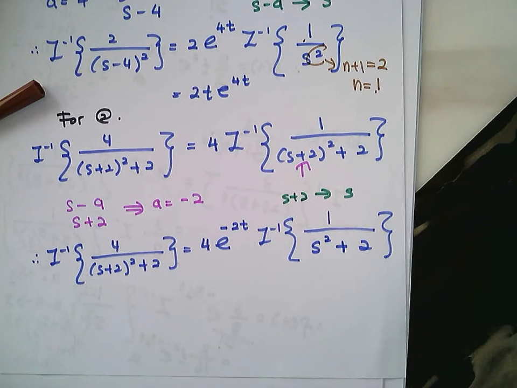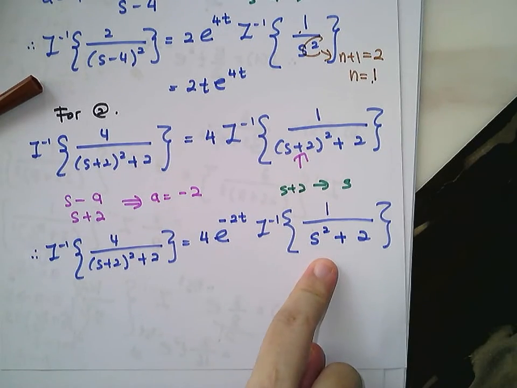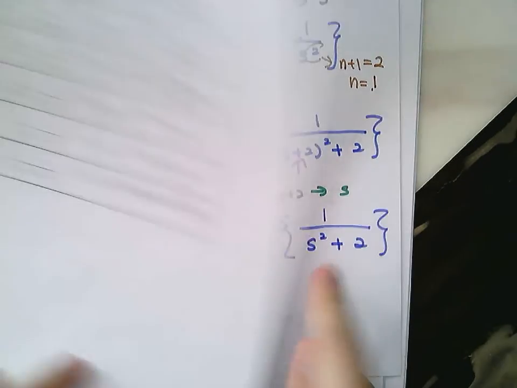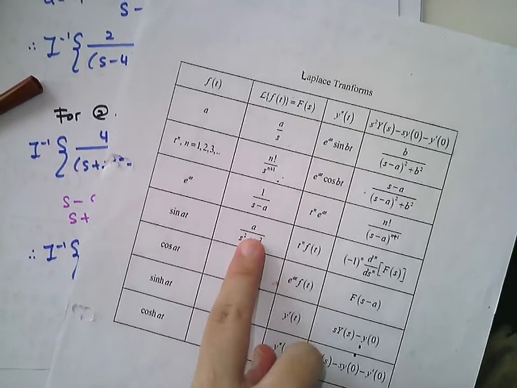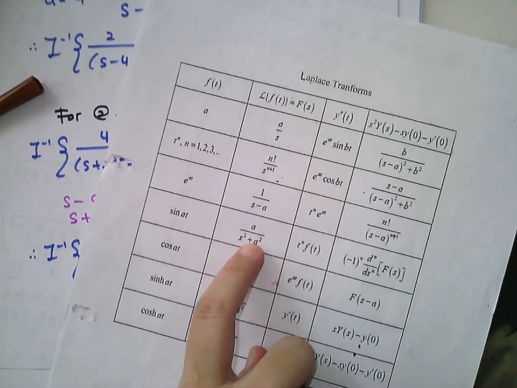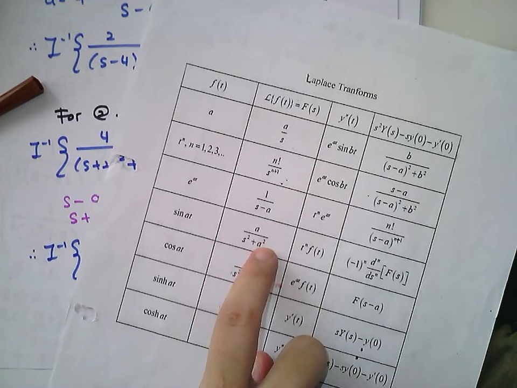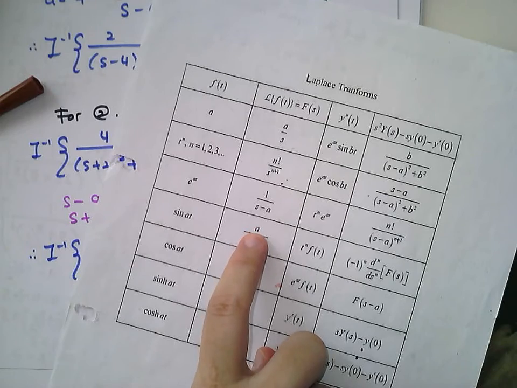Okay, so this one you cannot get directly from the table. Why? You know that this is sine function. Okay, when you have a constant for the numerator part and for the denominator part, you have plus here. Okay, but take a look at this one. Your a squared and this is your a.